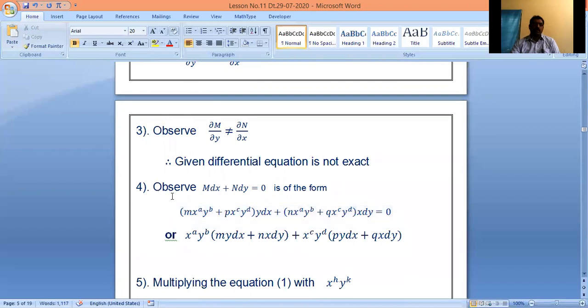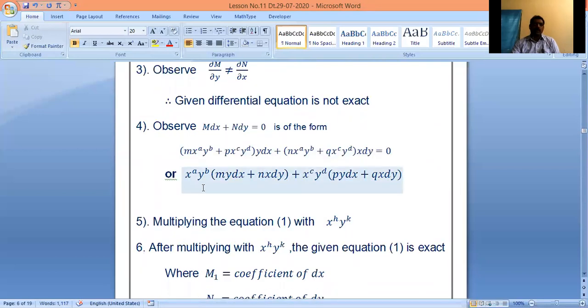Number 4, observe m dx plus n dy is equal to 0 is of the form (m into x to the power of a into y to the power of b plus p into x to the power of c into y to the power of d) whole into y dx plus (n into x to the power of a y to the power of b plus q into x to the power of c into y to the power of d) whole into x dy is equal to 0, or x to the power of a into y to the power of b into (my dx plus nx dy) plus x to the power of c into y to the power of d into (py dx plus qx dy).